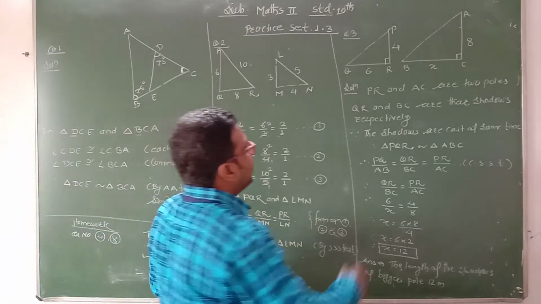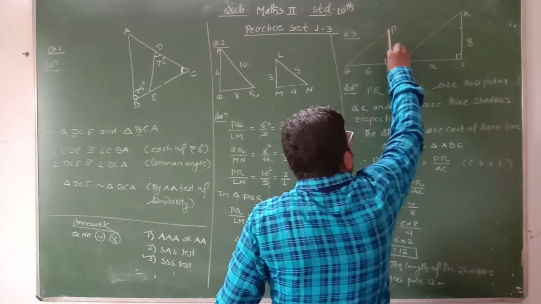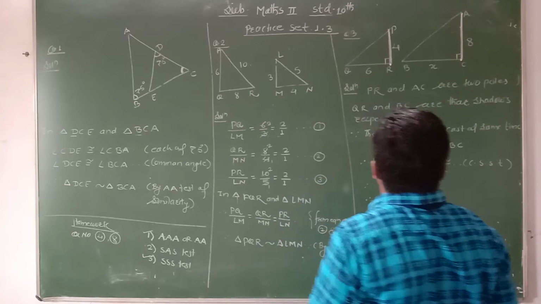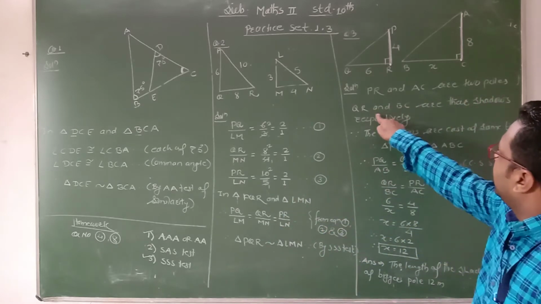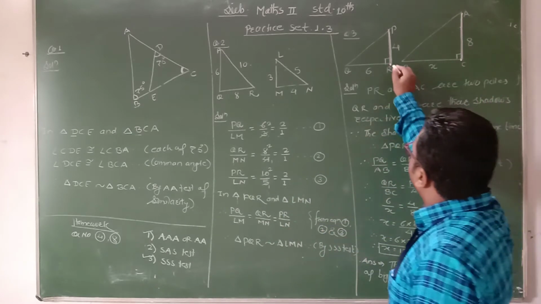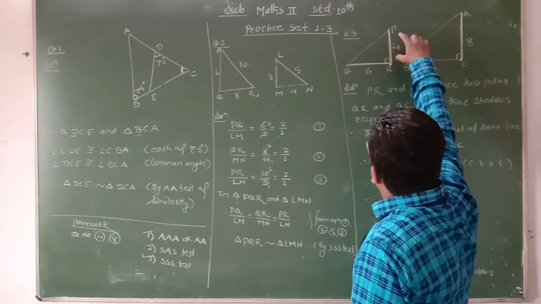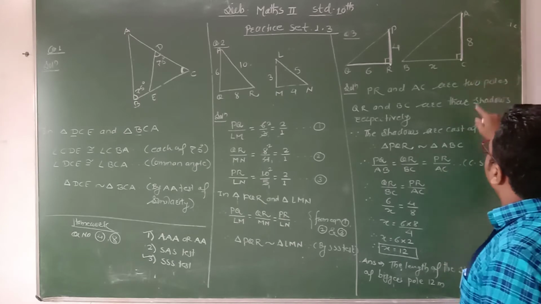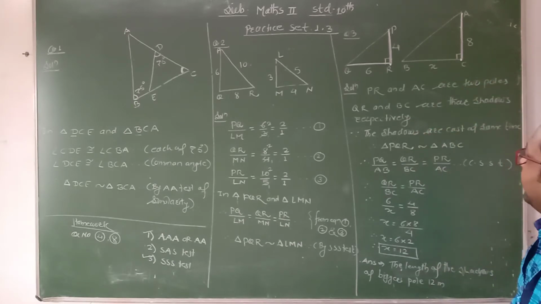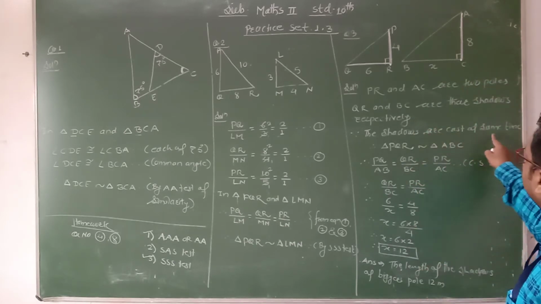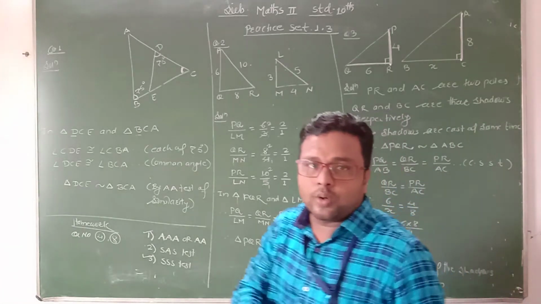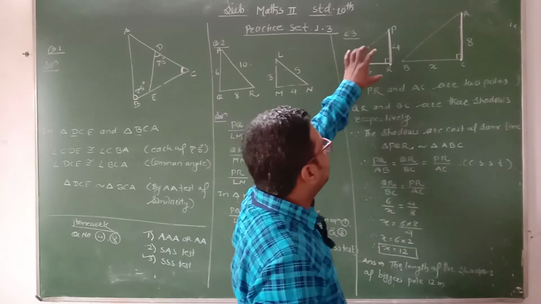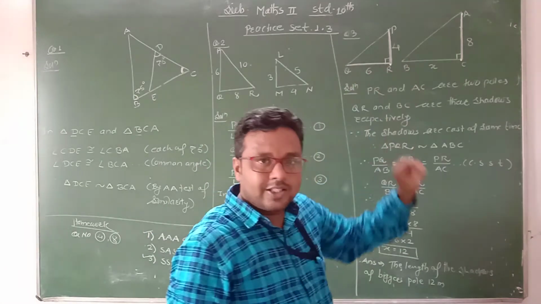Now see the figure. PR, which is perpendicular to the ground, and AC are the two poles, and QR and BC are their shadows respectively. QR is the shadow of the small pole, that is PR, and BC is the shadow of the second pole AC. The shadows are cast at the same time for both poles. Therefore the triangles formed by the poles and their shadows are similar.